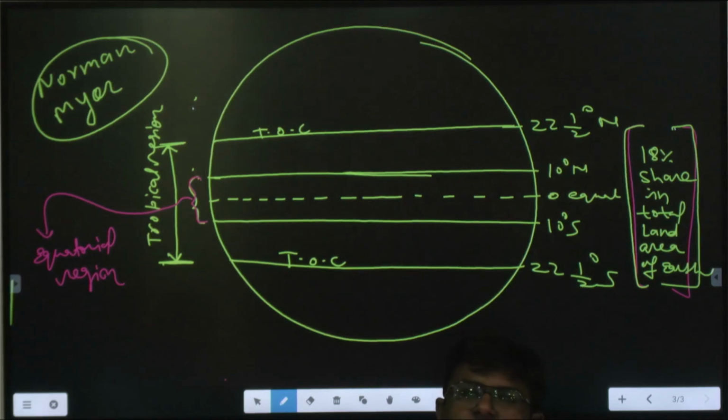Okay. So we have actually accomplished our discussion about two basic aspects of this chapter. What is biodiversity? In how many different manners can we discuss this concept of biodiversity, and what is the current scenario of Earth's biodiversity and how it is distributed across the entire Earth.